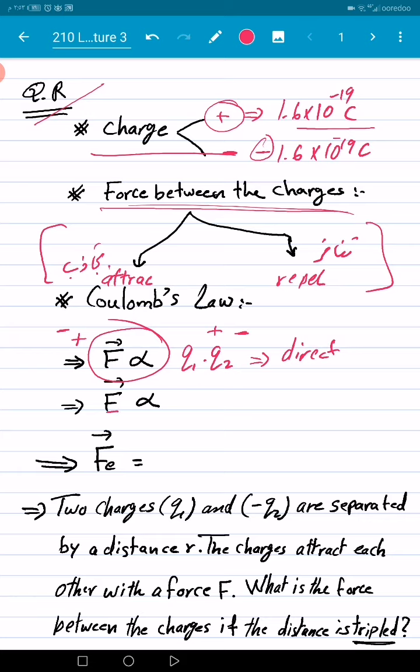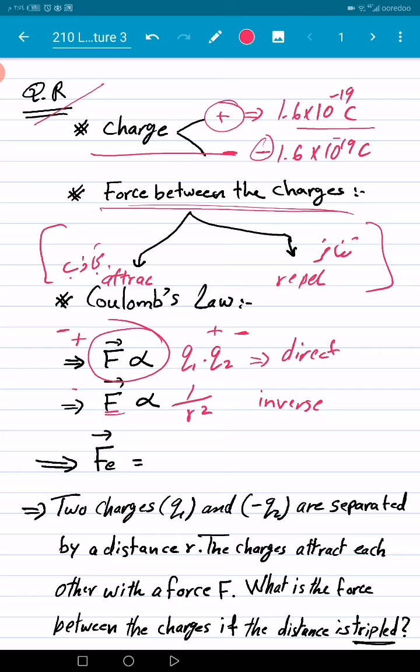Next, he found that when he studied the force between the charges, there is another relation with the distance between each charge, and he found it is inversely proportional. So that means the distance between the charges affects the electrostatic force with the inverse square of the distance between these two charges.